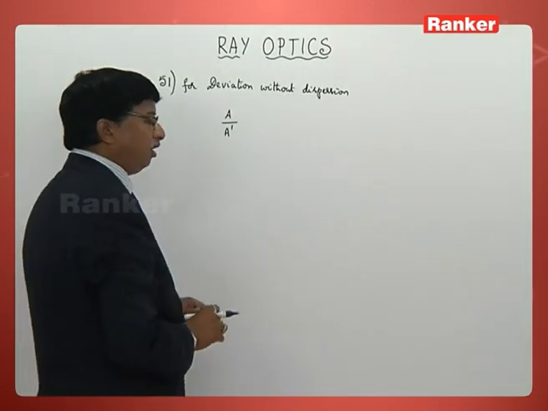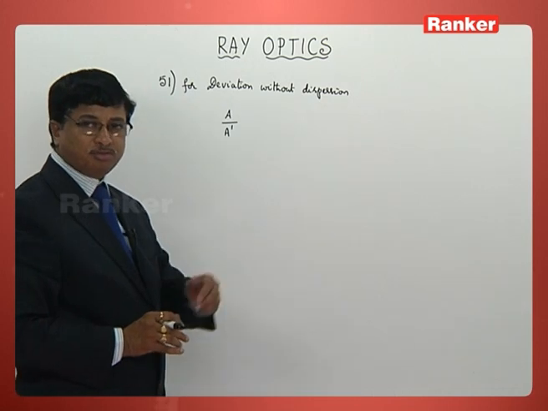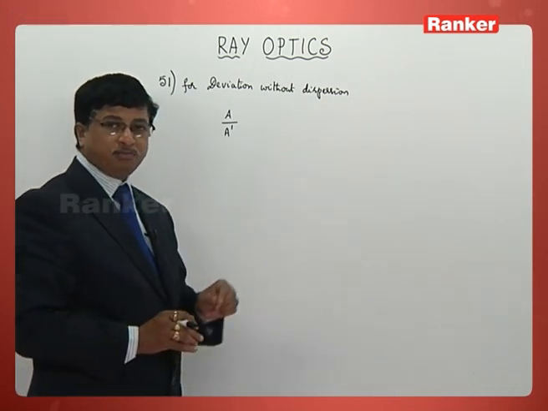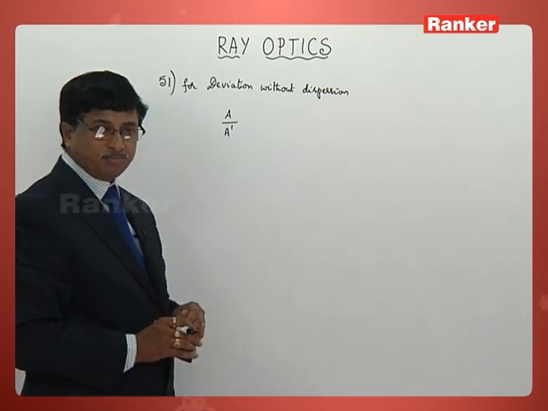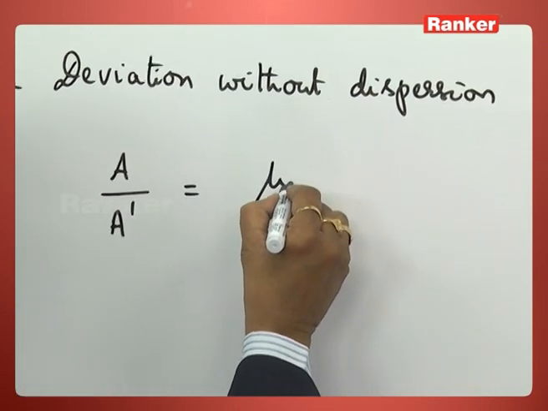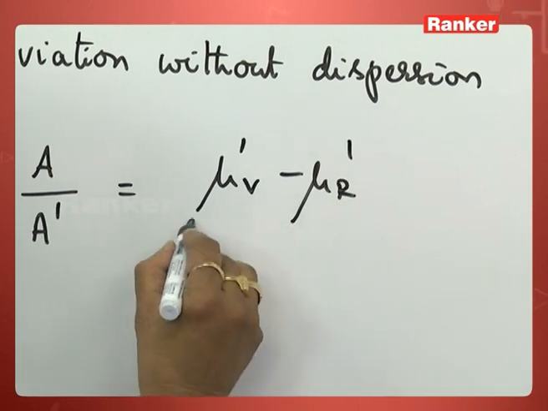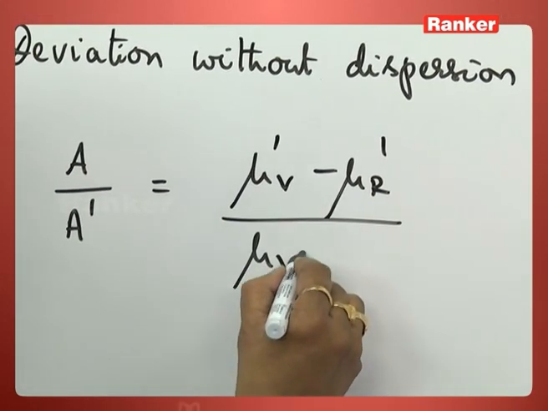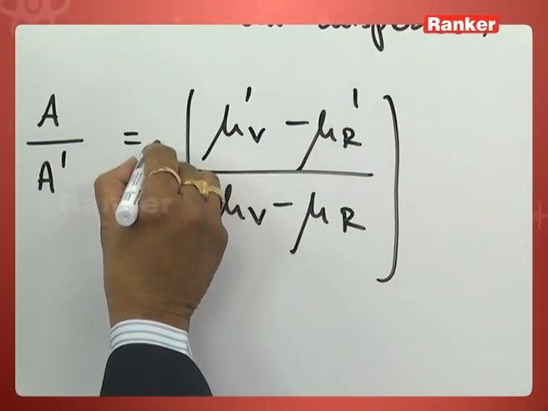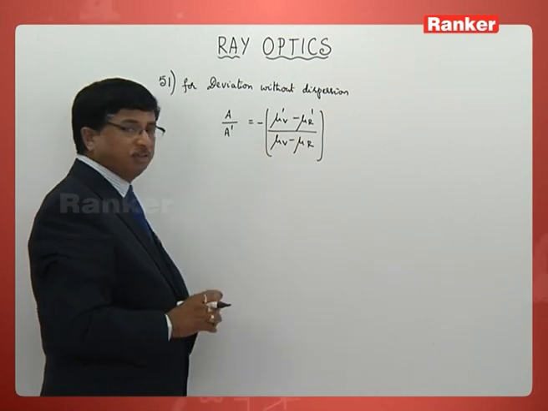A is the angle of the first prism, like the crown glass prism. A dash is the angle of the flint glass prism. A by A dash is equal to minus of mu V dash minus mu R dash by mu V minus mu R. First you should understand the importance of this negative sign.